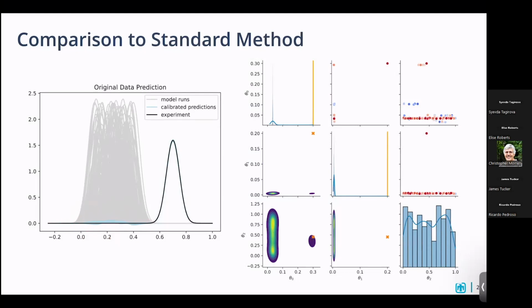Here it shows the true values of 0.3 and 0.2, and actually because we're ignoring the huge amount of phase variability in the discrepancy term and hoping that the discrepancy term captures all of that, we actually have incorrect posteriors. Theta 1 is completely sampled incorrectly, and we have a bimodal distribution sampling. So basically we have some identifiability problems happening when we don't separate out the variability.